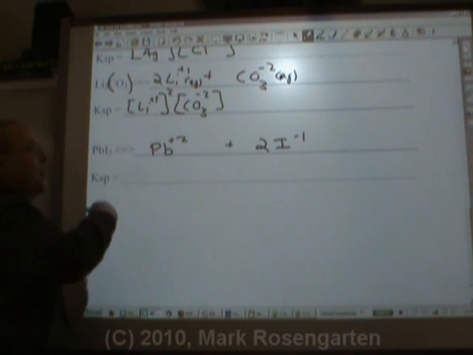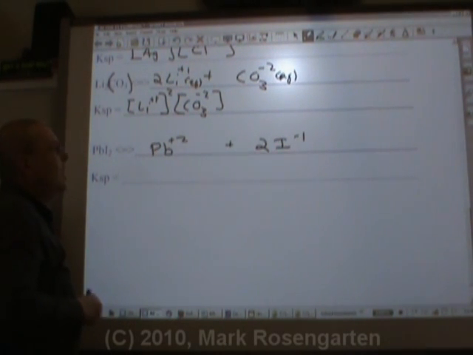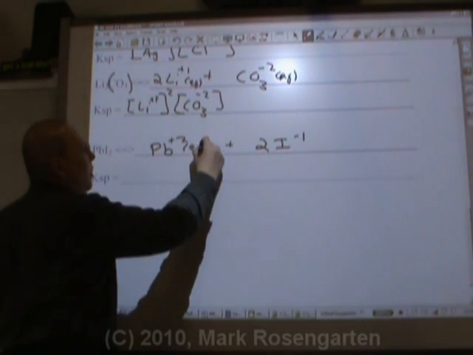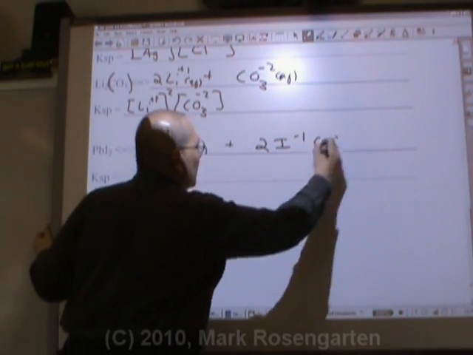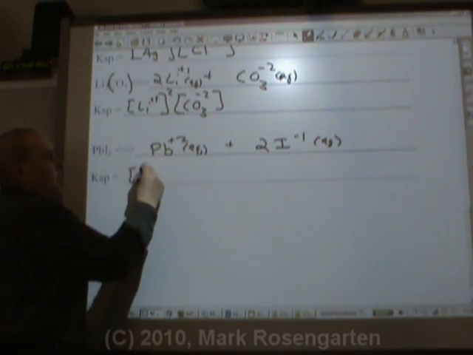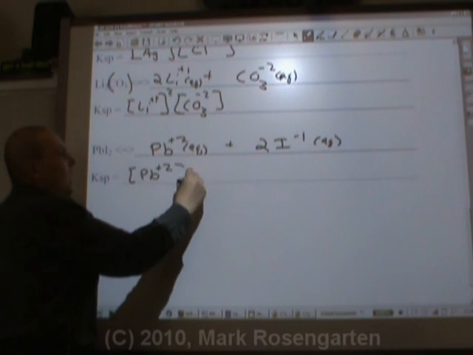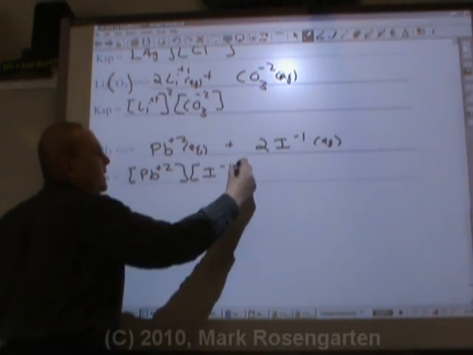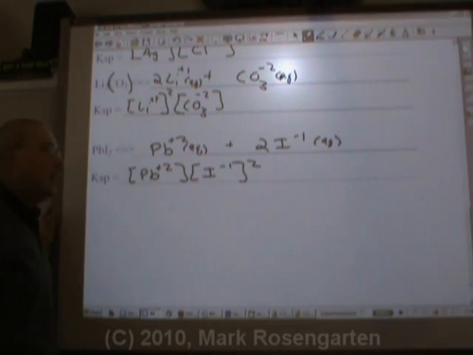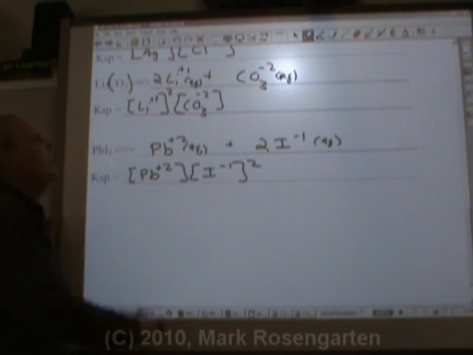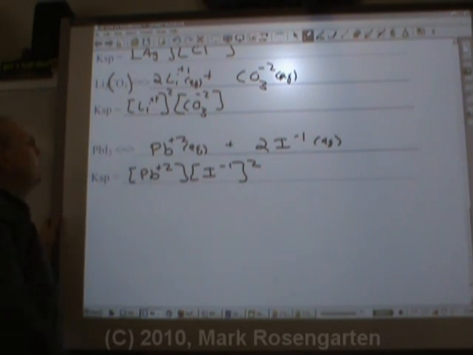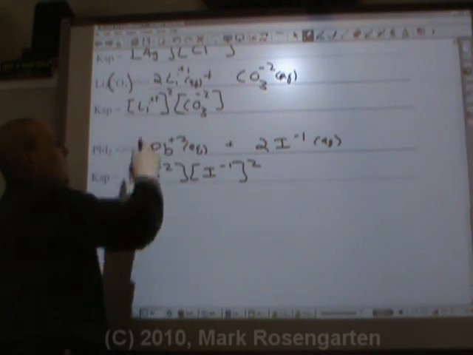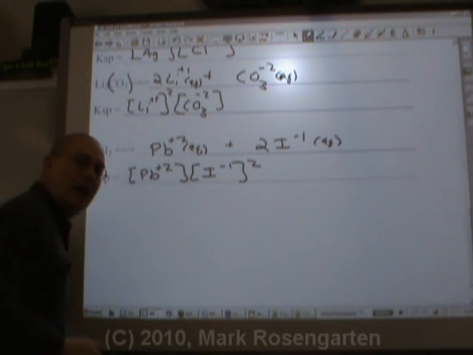These are both dissolved in water, aqueous, and the Ksp will equal Pb plus 2 times I minus 1 squared. And that's how you would set up the Ksp expression, the mass action expression for the solubility product constant. Just use the products, the concentration of the dissolved ions.